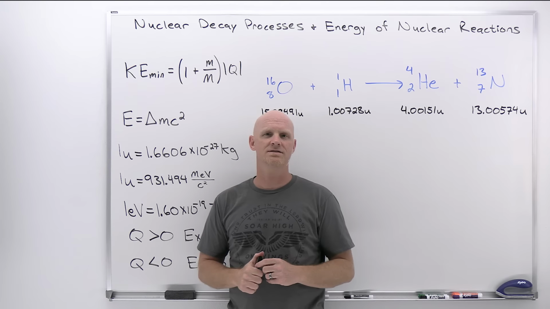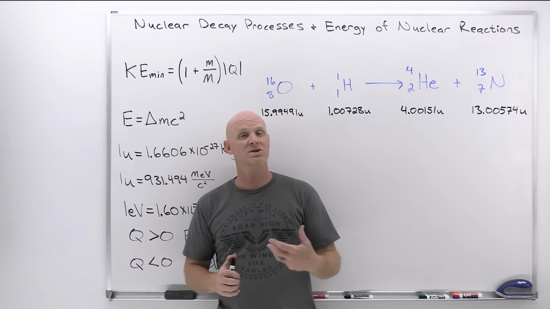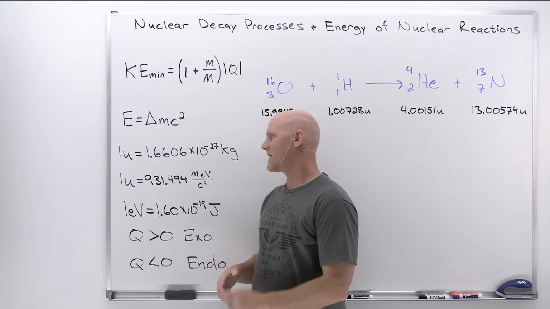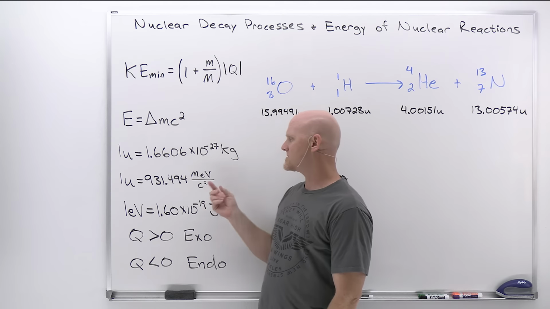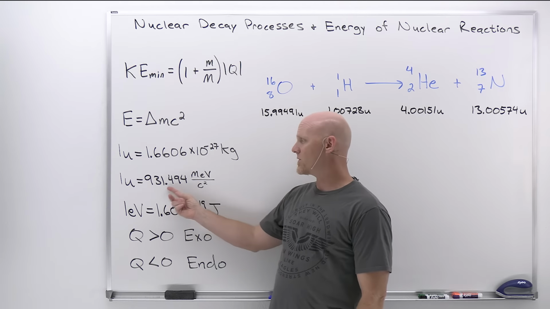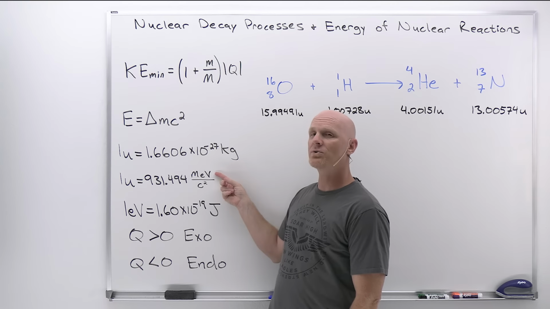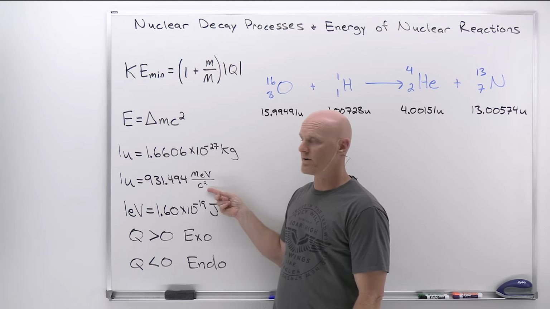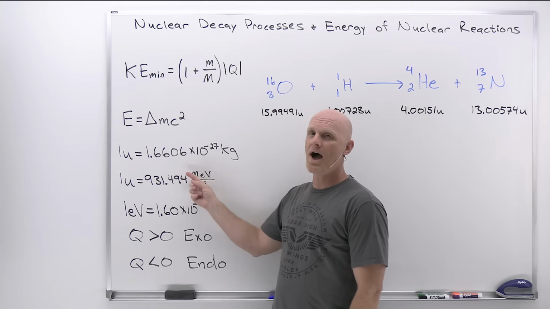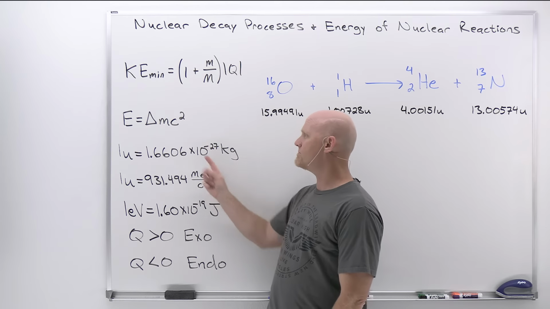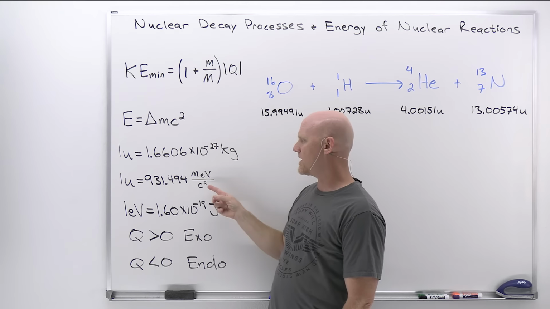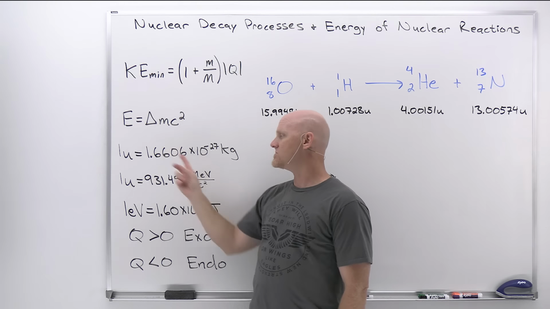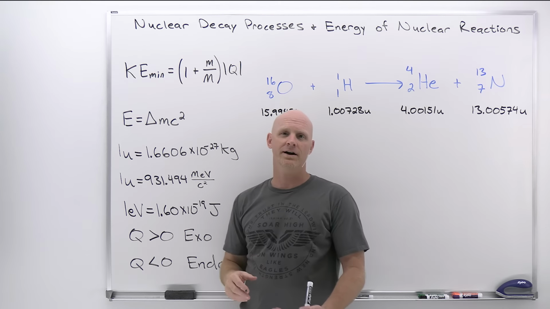Somebody was nice enough to see that with nuclear physics, we do this so routinely that they give us a lovely conversion factor: 1 unified mass unit is the equivalent of 931.494 mega electron volts per the speed of light squared. This is a unit of mass. And when you plug this unit of mass into this formula and multiply by c squared, that c squared cancels that c squared, and you get an energy right off the bat in mega electron volts.